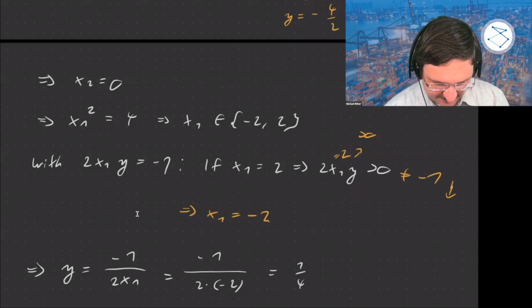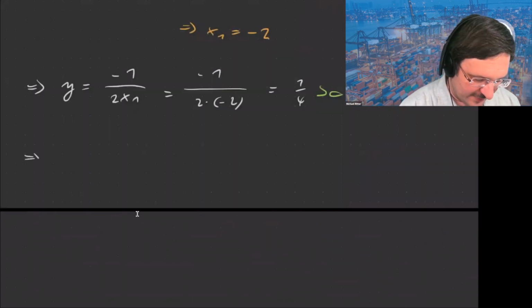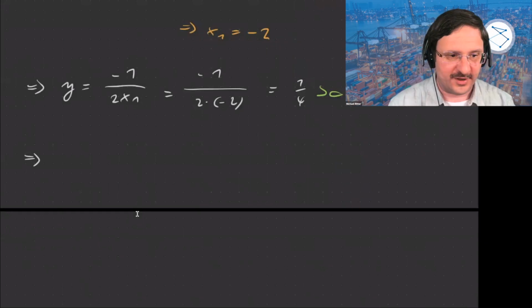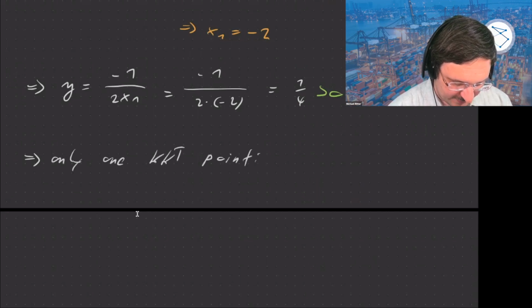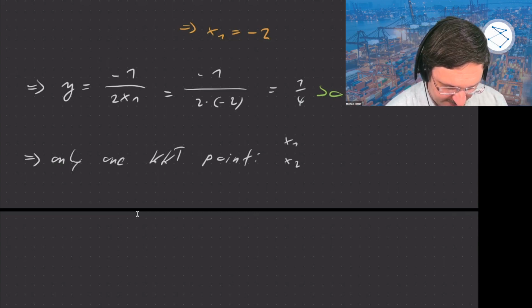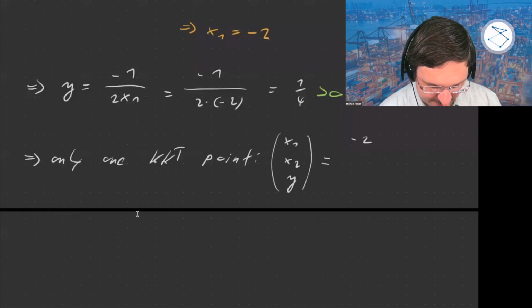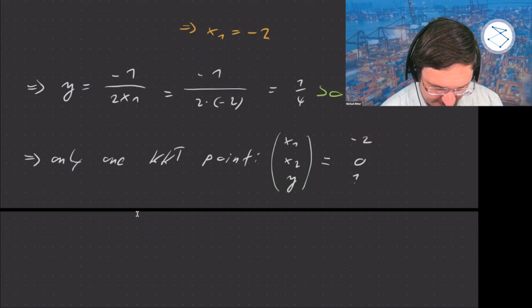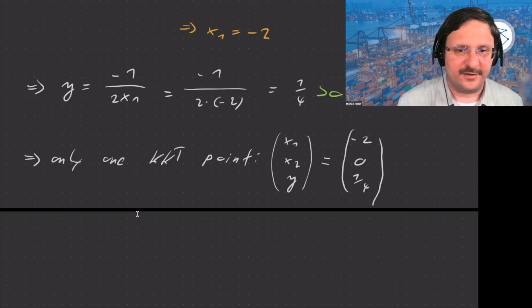So this is positive, which is nice. And that means we actually have a KKT point, and only one, right? There's only one possible candidate left. Only one KKT point here. And that is x1, x2, and y equals, so x1 is -2, x2 was 0, and y is 1 over 4. That's the only KKT point that is left.